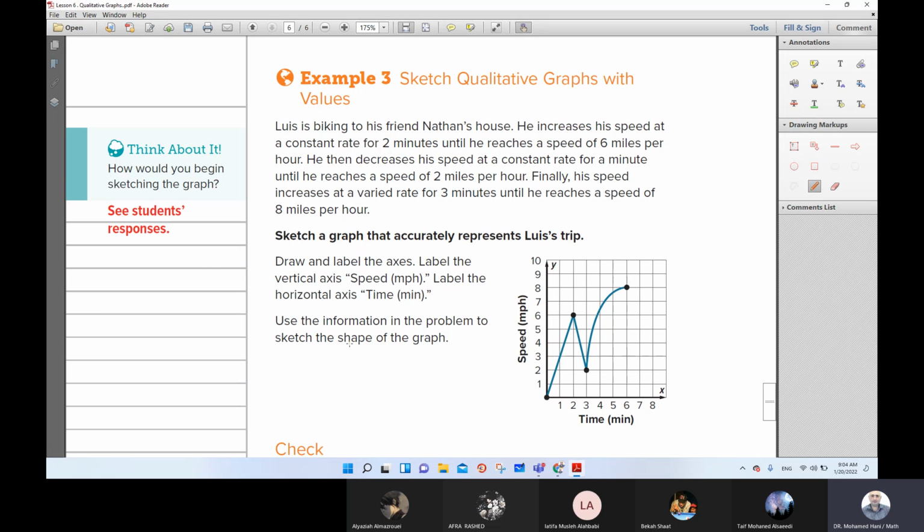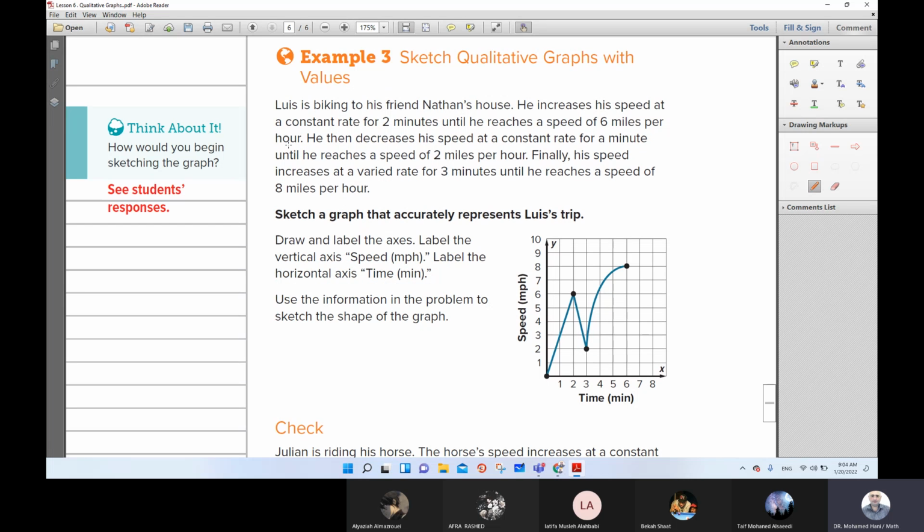Sketch qualitative graphs with values. Lewis is biking to his friend Nathan's house. He increases his speed at a constant rate for 2 minutes until he reaches a speed of 6 miles per hour.